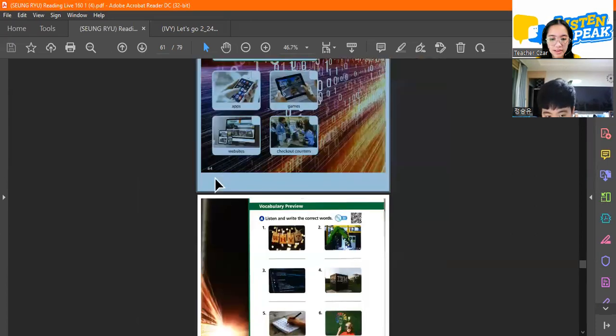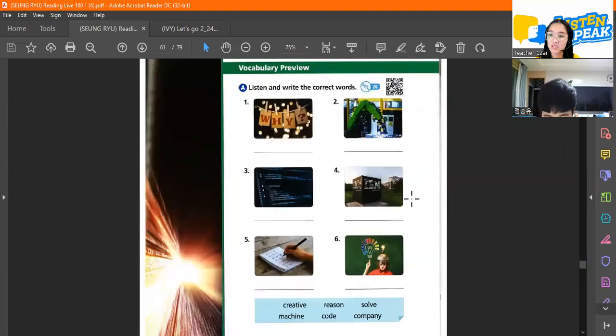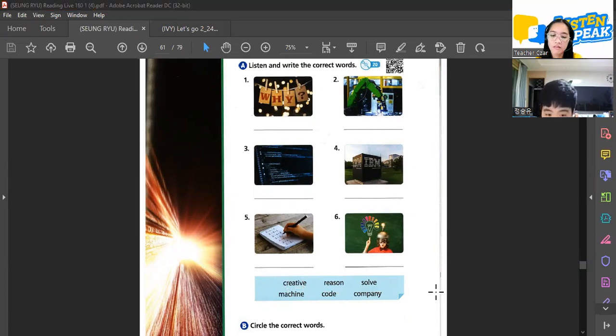Now, we will be having this one. So you will be having six words or six vocabularies for the night. Again, you have the words creative, reason, solve, machine, code, and company. So what do you think is number one? Reason. Okay, that one is reason. Very good.